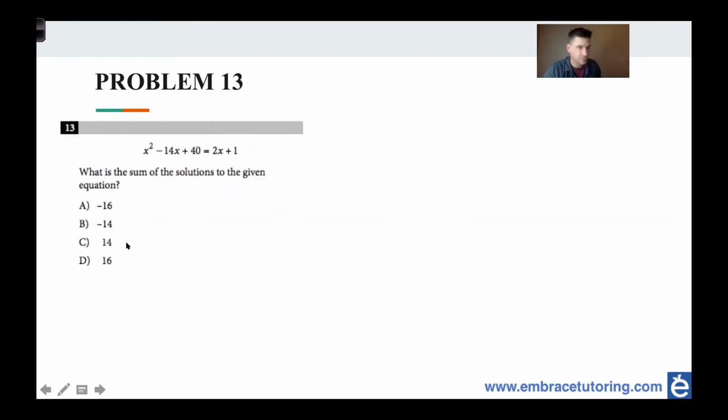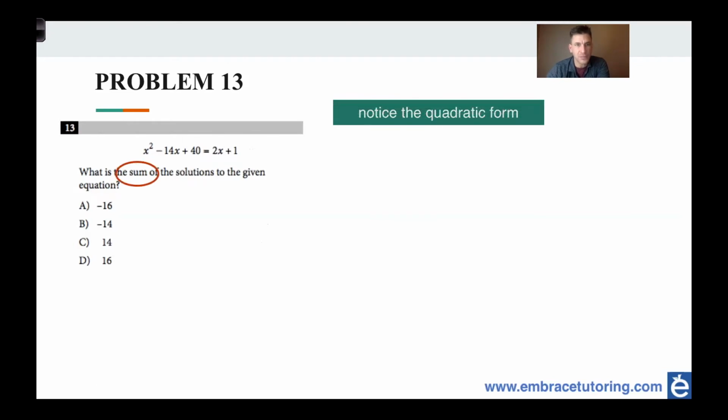All right, let's see here. Problem 13. What is the sum of the solutions to the given equation? Whenever I see the word sum, and whenever I see an x squared, what I am thinking about is quadratics.